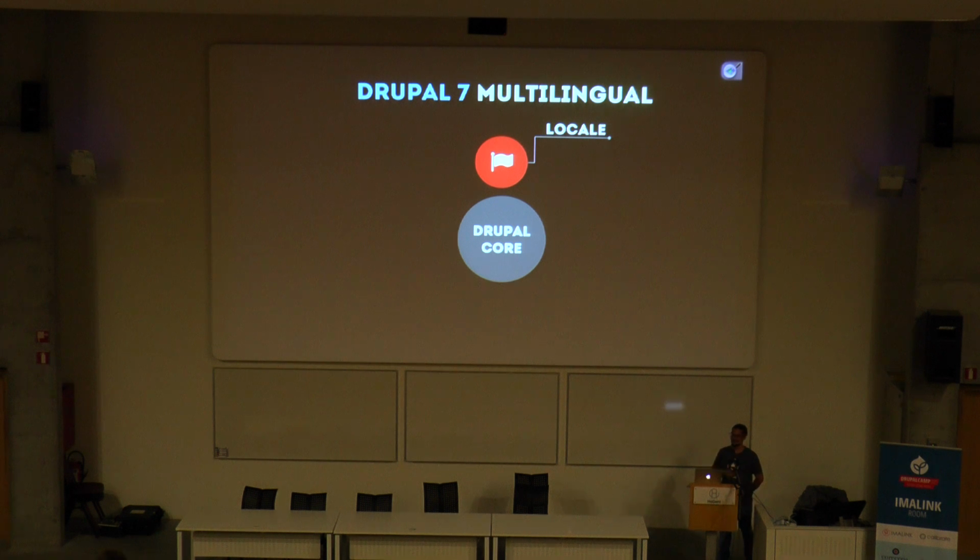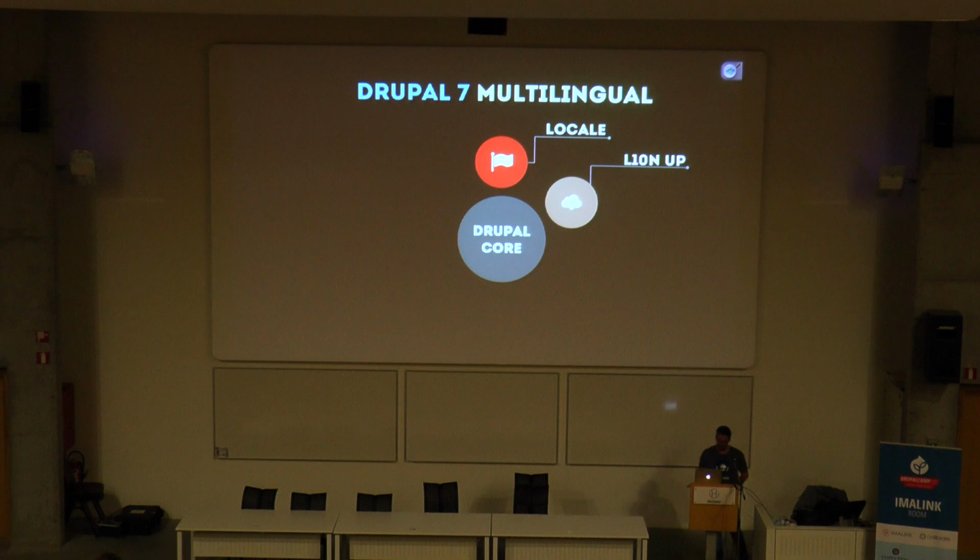If you had like 50 contrib modules, you had to download 50 PO files for each language. So if you have 3 languages, you have to download and import manually 150 files, which is not good. So then the community built the Localization Update module, which allows you to automate this task.